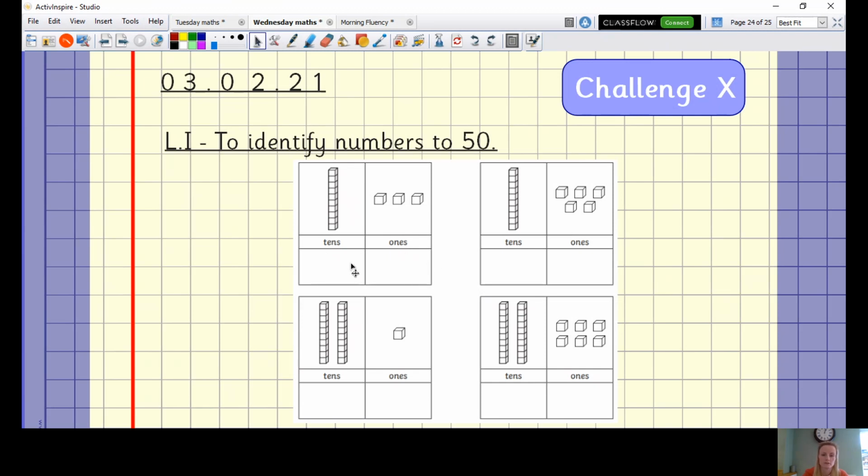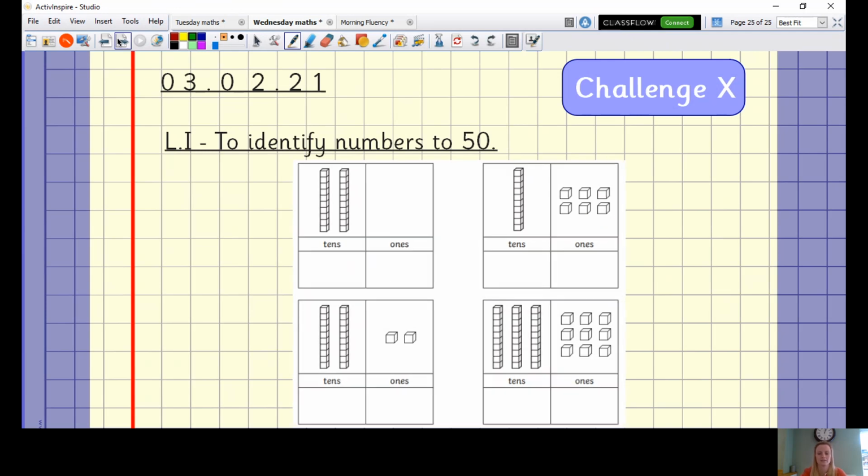So for example, you would write here 1 and 3, and that makes 13. There's this slide you can press pause on, and there is the next slide you can press pause on. So that's your challenge if you want to do a little bit more learning.